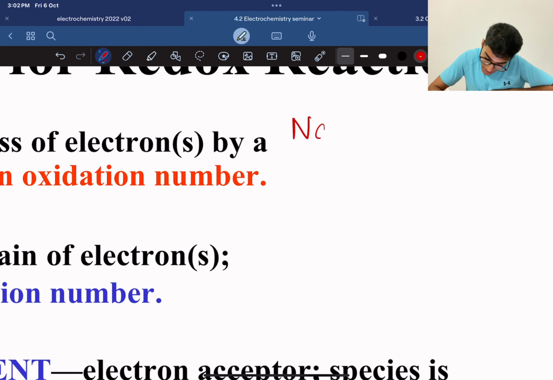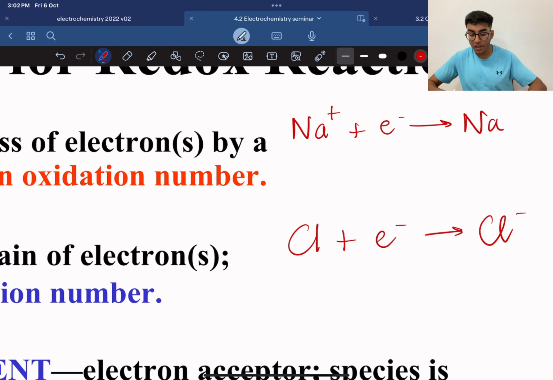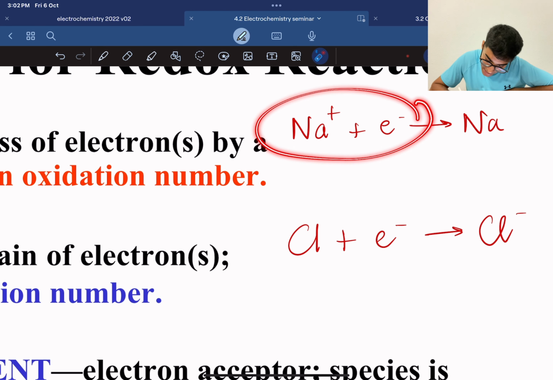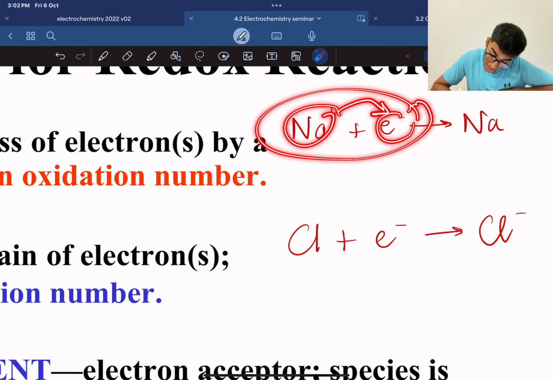Okay. Na+ plus 1 electron is going to give us Na. Cl- gives us no. Cl plus an electron gives us Cl-. Over here we can clearly see Na+ is increasing the number of electrons that it gets, so this is adding an electron.